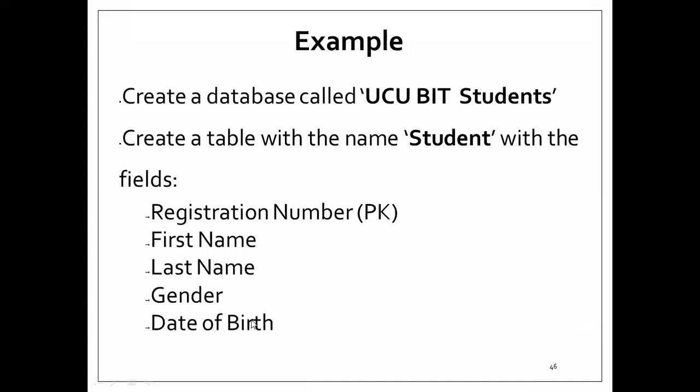So we have the following fields to make up our table: registration number, first name, last name, gender, date of birth. Sometimes we abbreviate date of birth as DOB.